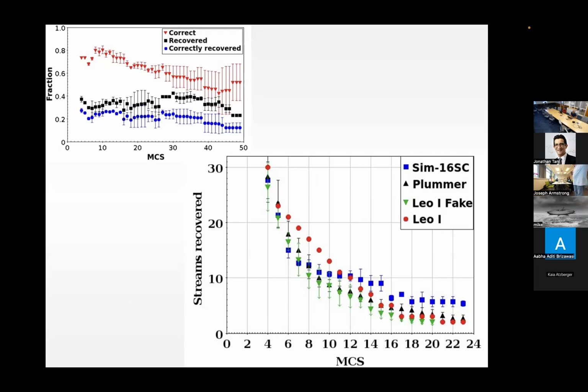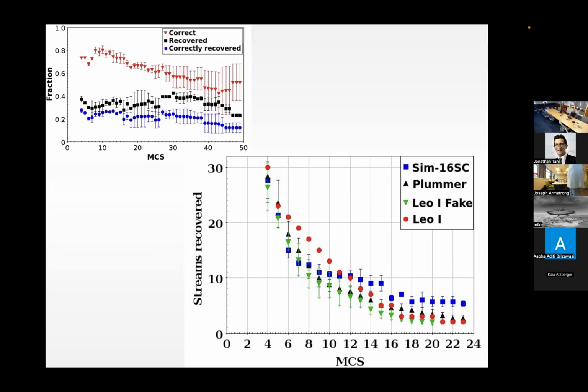And remember, we have a 20 to 30% chance to catch the stream. And what you see is it's completely swamped by just random streams which are not really present.